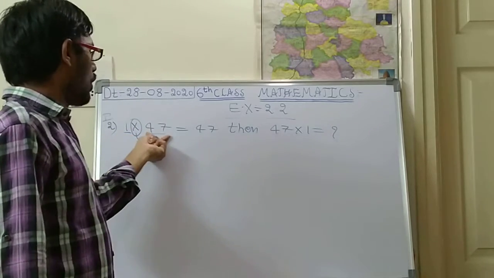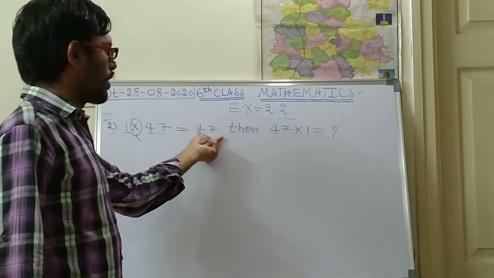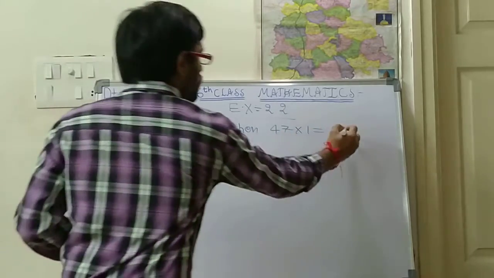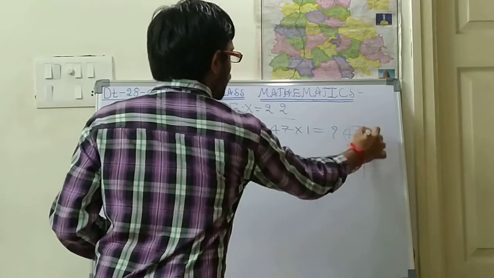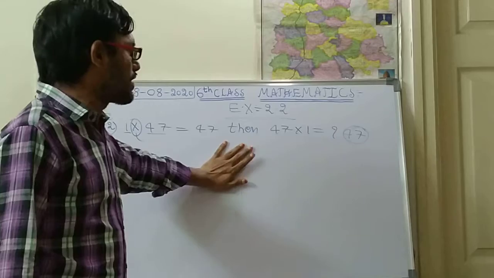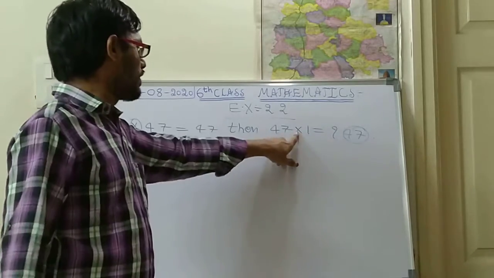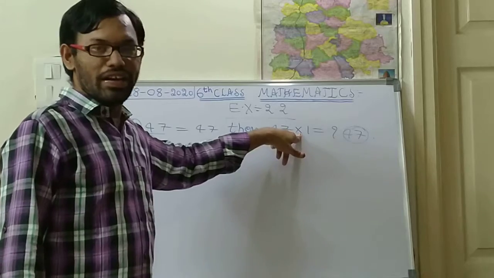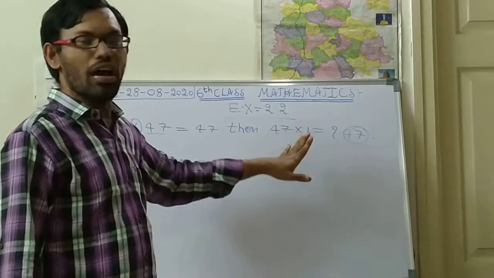So 1 into a whole number is equal to the same whole number. Then 47 into 1 is how much? The same whole number will come, so 47. And what is this property? Can you say now? There is a 1 and this is multiplication, so multiplicative identity. Okay. I hope you have understood.